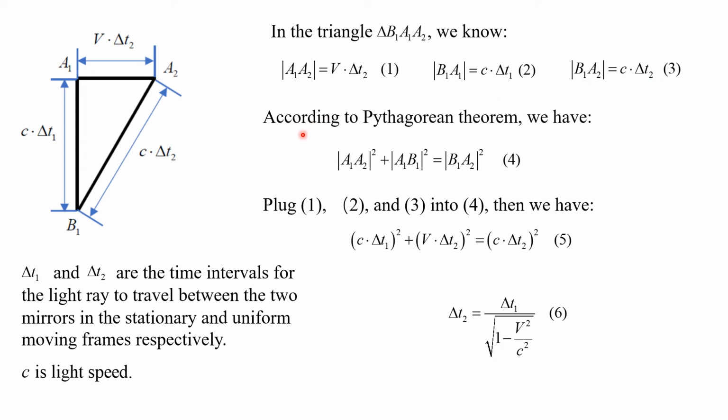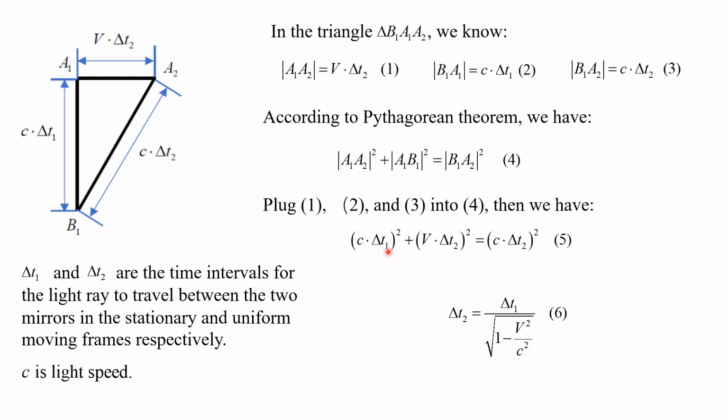And according to the Pythagorean theorem, we have A1A2 squared plus A1B1 squared equals B1A2 squared. And we plug equations 1, 2, and 3 into equation 4. Then we have equation 5 here.